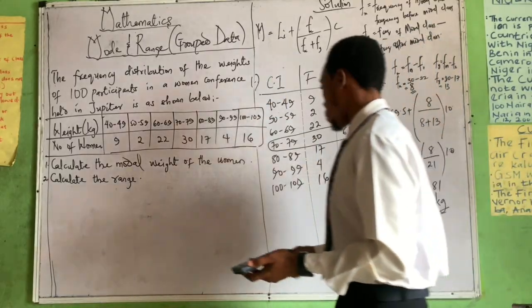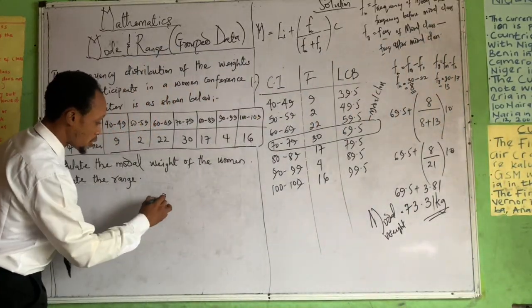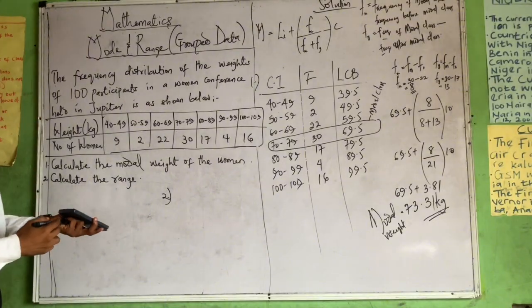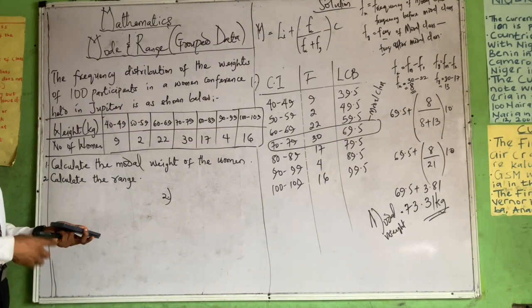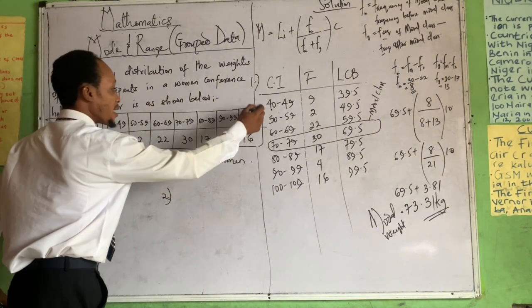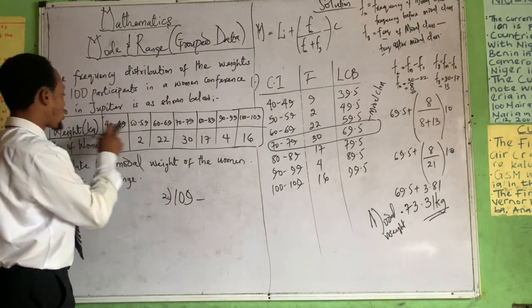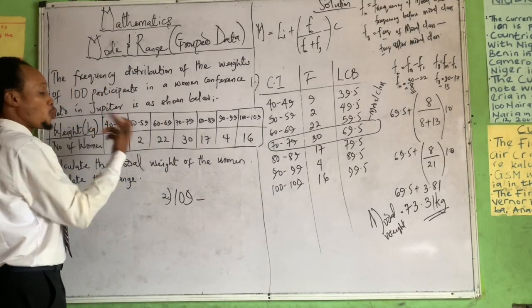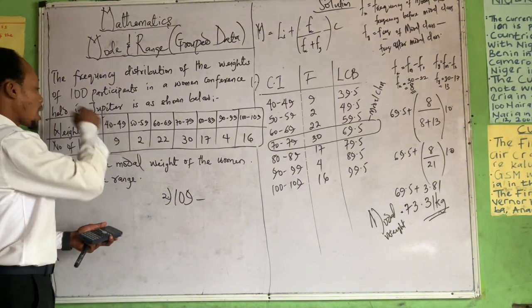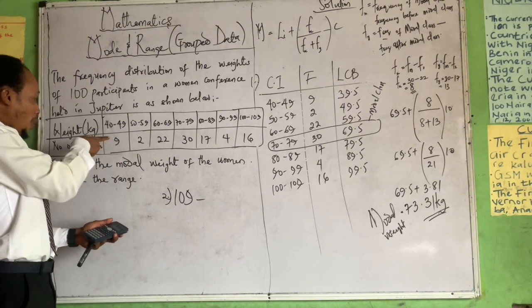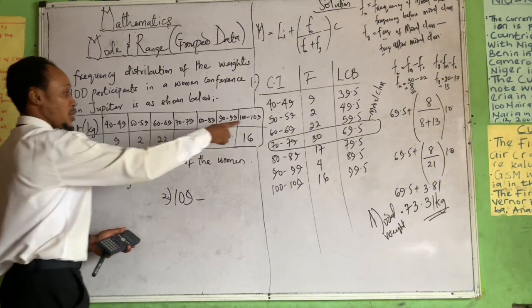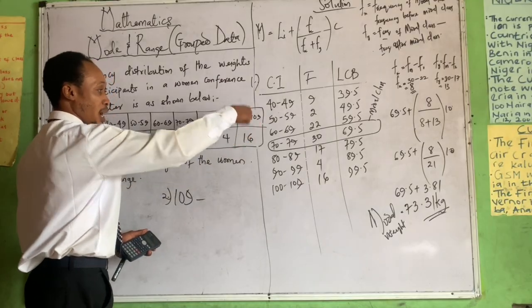Then number 2. Your range is the highest score minus the lowest score. The highest here is 109, minus the lowest. When you start splitting 40 to 49, everything is 9, so we have 40 as the lowest score here. If you split 100 to 109, 109 is the highest.